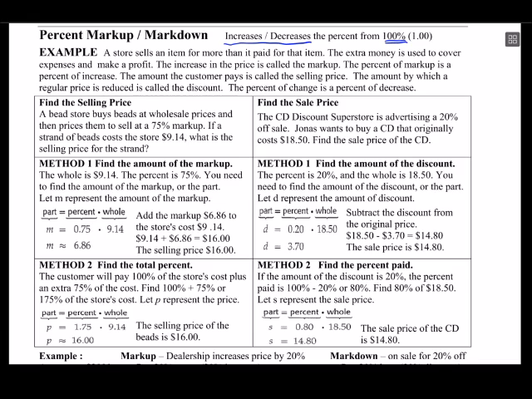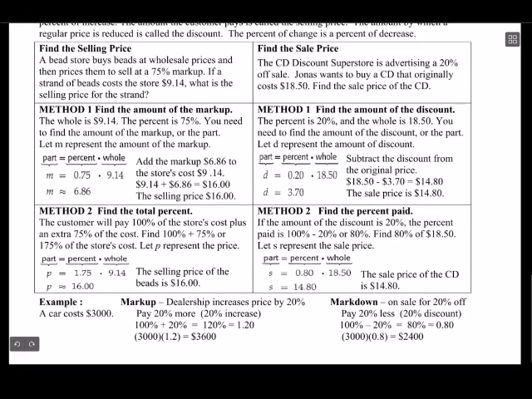So if we look at our examples here, a bead store buys beads at wholesale prices and then uses a 75% markup. The beads cost the store $9.14. This is our original. We want to find the selling price. So that's what you pay after the store marks it up.